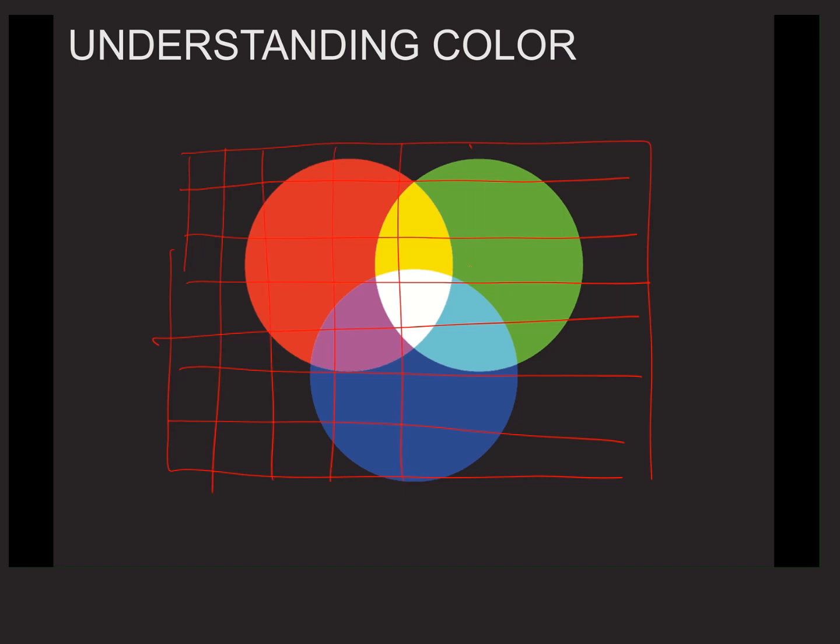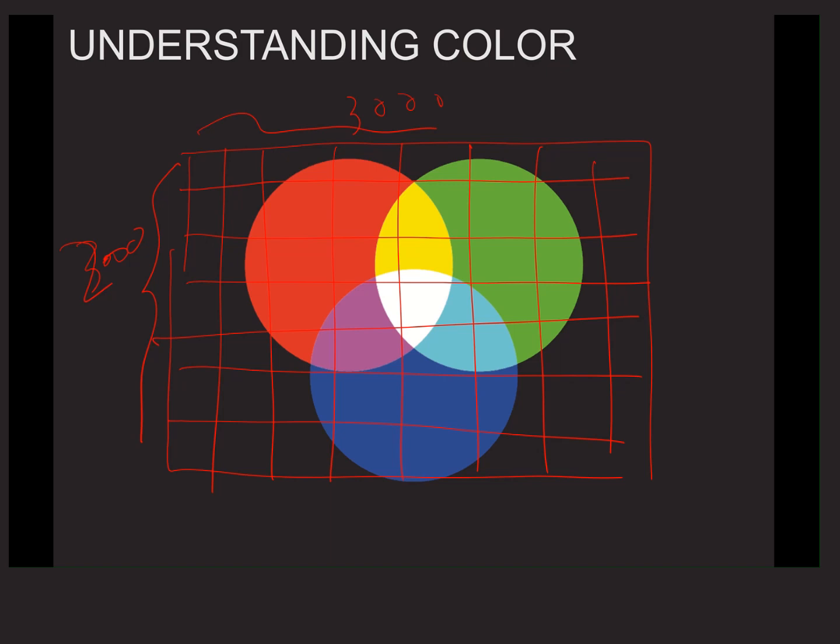Resolution means how many pixels you divide the screen into. For example, this one is maybe 2000 and this is around 3000, so the ratio is also 2 to 3. A 2000 by 3000 resolution means we divide the screen into 2000 rows and 3000 columns.